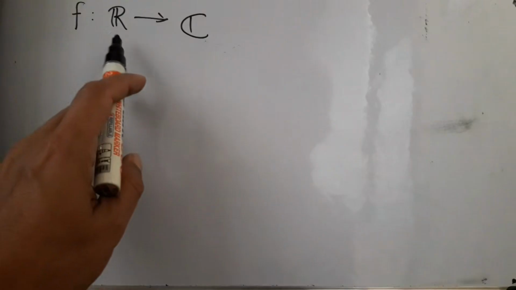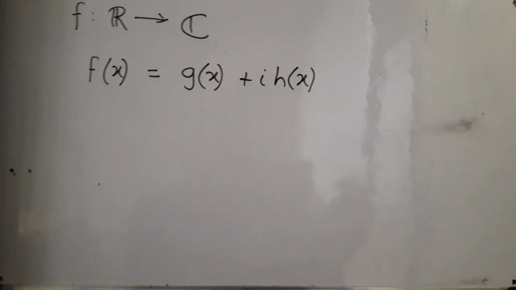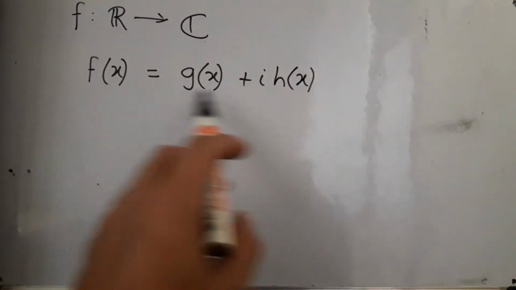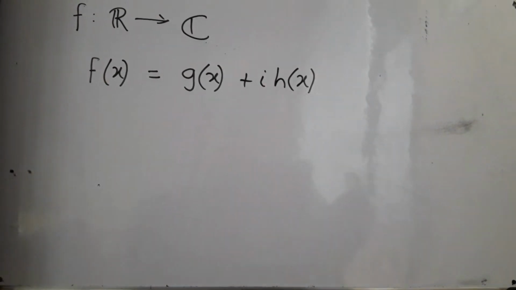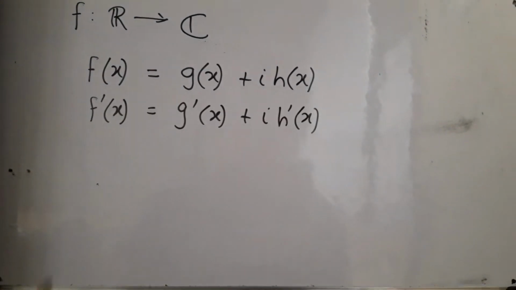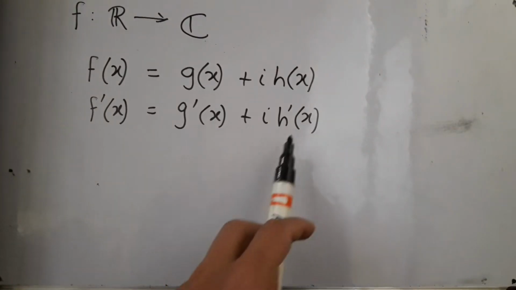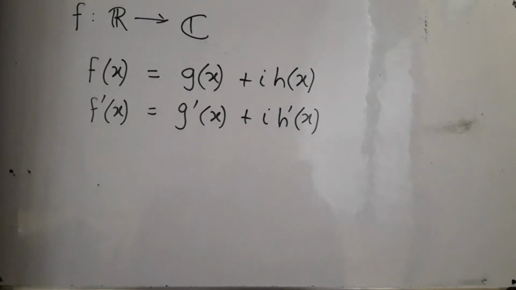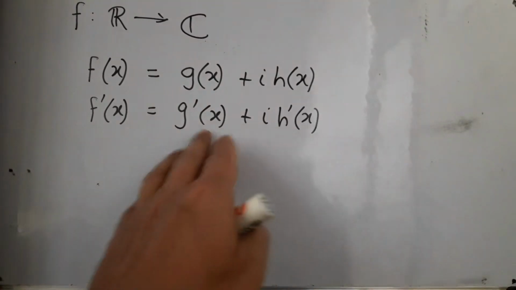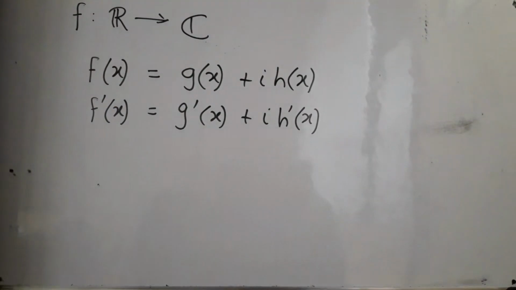Suppose we have a function from R to C, then again, as usual, we will split it up into real and imaginary part. And when you are given this function, we can differentiate this in the most obvious way. You differentiate the real part, you differentiate the imaginary part, do this, and you will get derivative of f. And if even one of them fails to exist, then you say it is not differentiable, as usual.